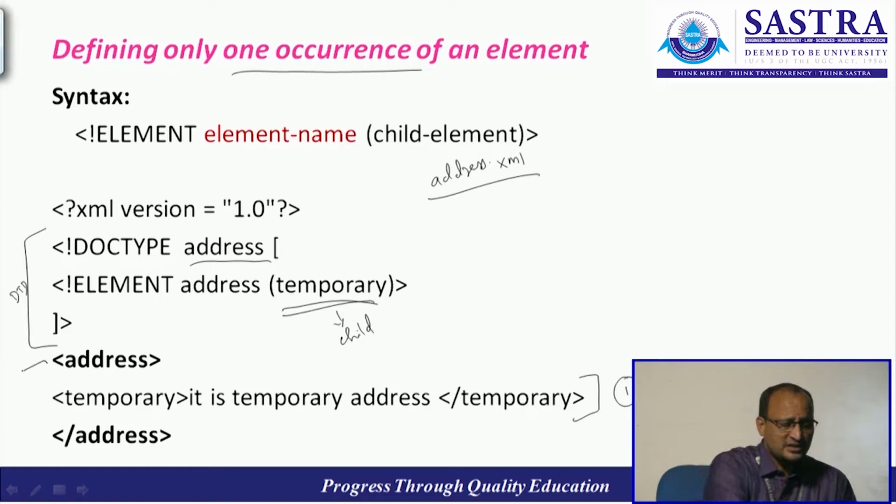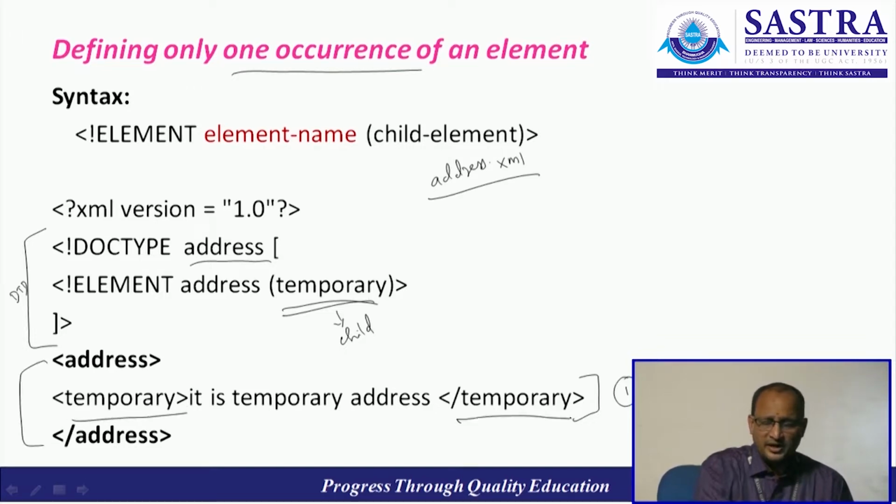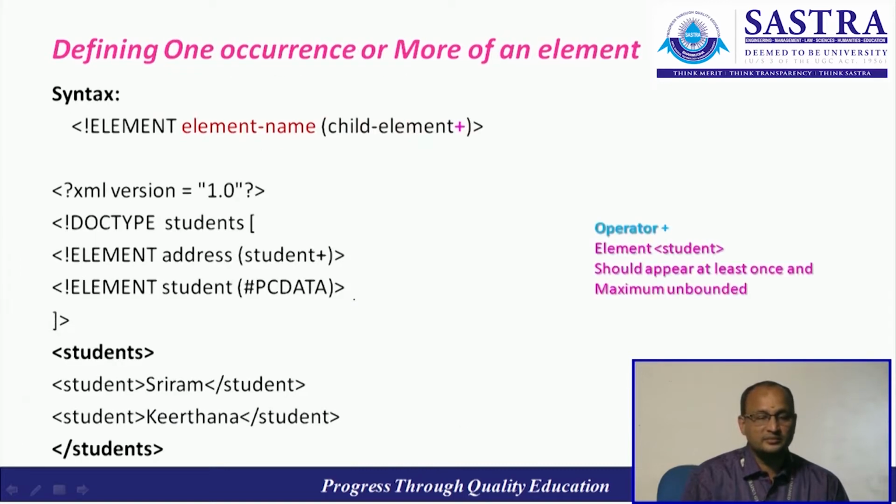So address could have a temporary address or a permanent address. Here I have specified only temporary, and I am not specifying any detail about permanent. But the temporary element should appear only once. I cannot repeat the same temporary element more than once. This is only one occurrence of an element.